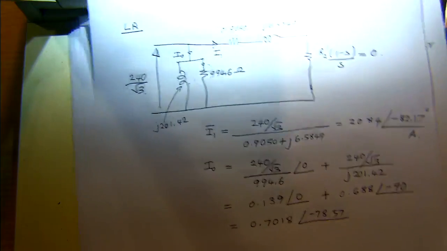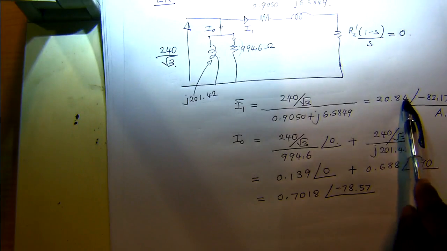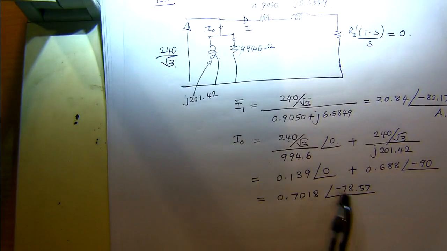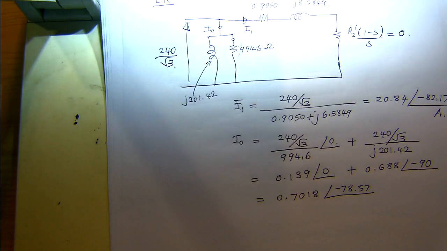So compared with this 20.87, you probably can neglect this. It'll make roughly about 4% error in the current.